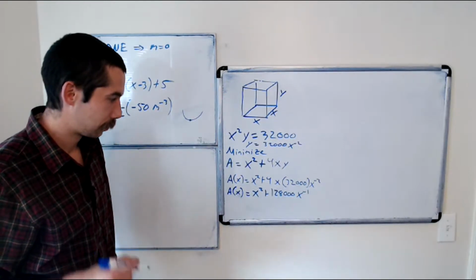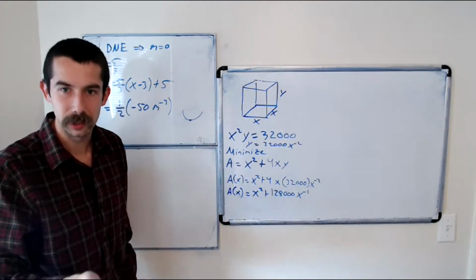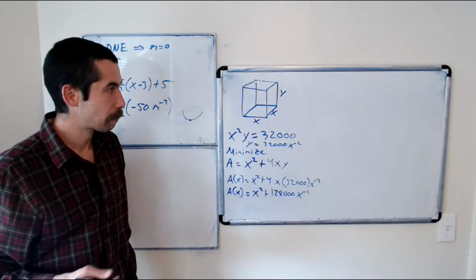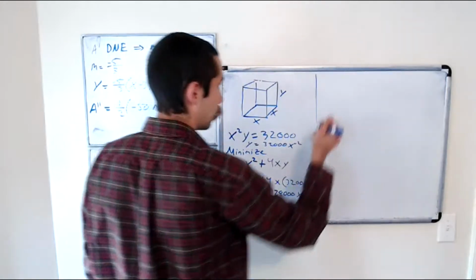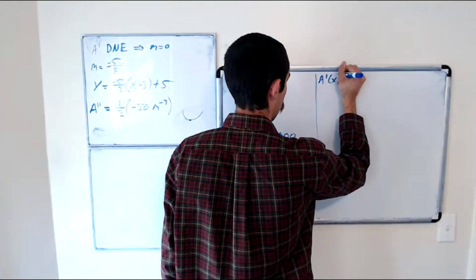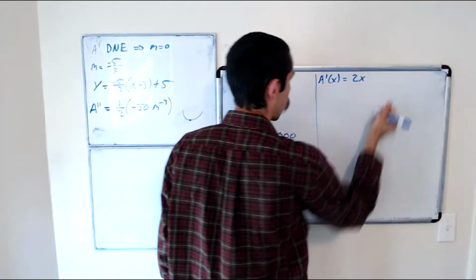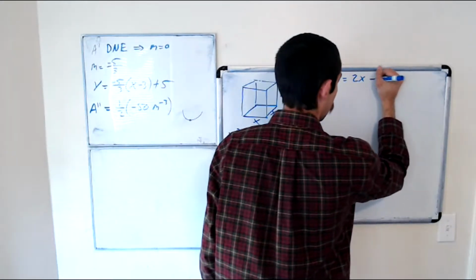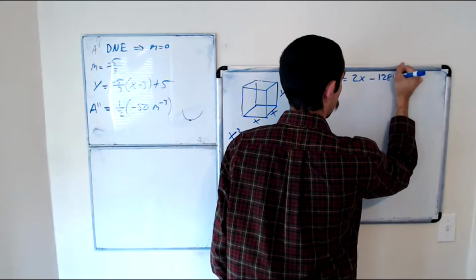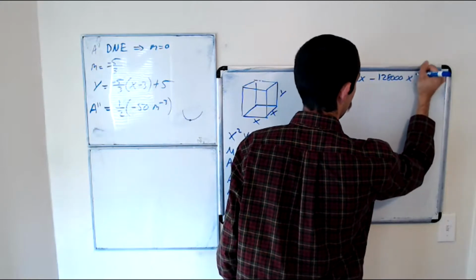Okay. So what do we do? Take the derivative, set equal to 0, find when it's undefined. So a prime of x is equal to 2x minus 128,000 x to the negative 2.